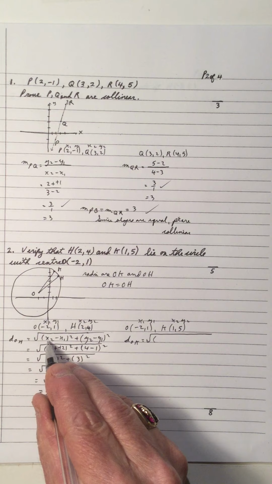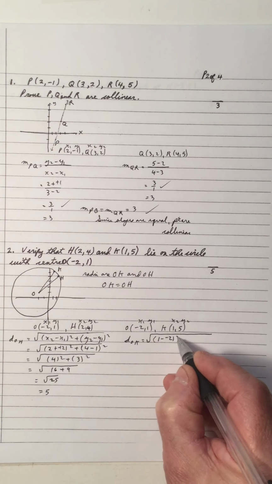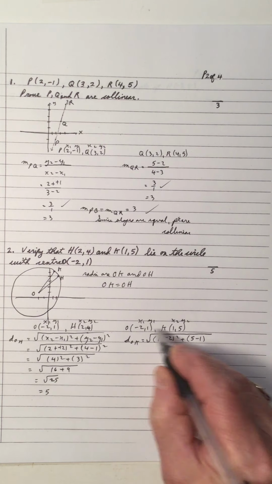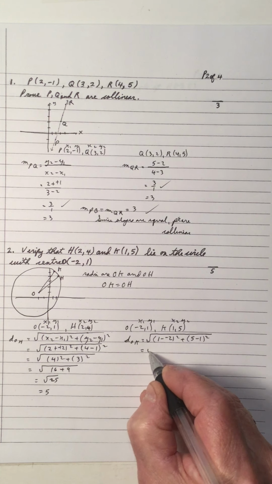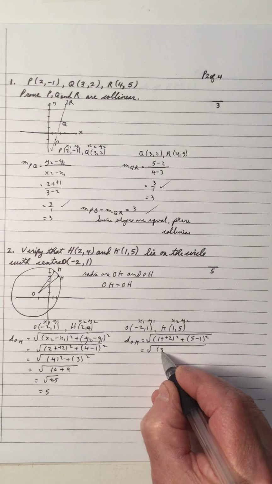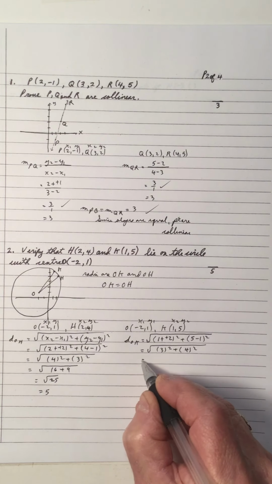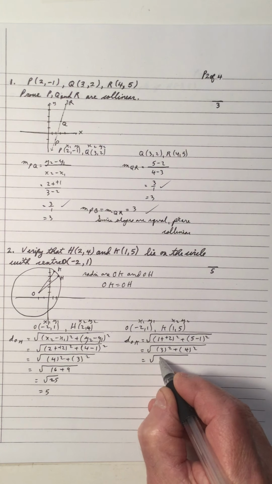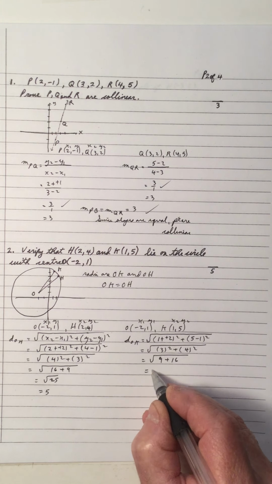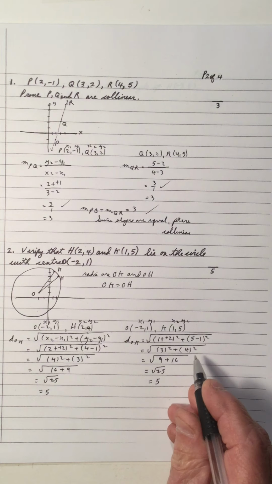So x2 is 1 minus negative 2 squared. y2 is 5 minus y1 squared. And again, we have a double negative, so we have a positive, so that's 3 squared. 5 minus 1 is 4, being squared. 3 squared is 9, 3 times 3. 4 squared is 16, 4 times 4. That's 25, and that gives us the distance is 5.